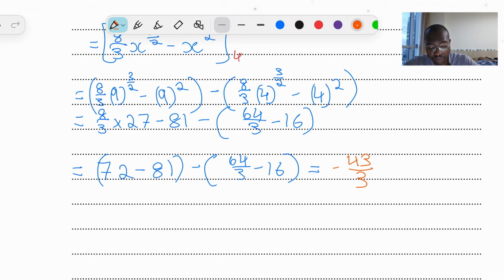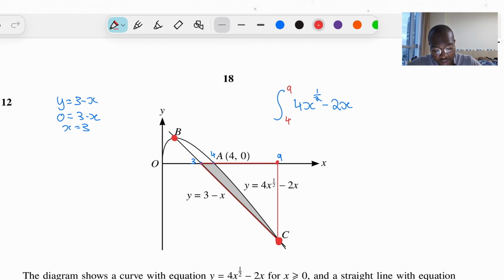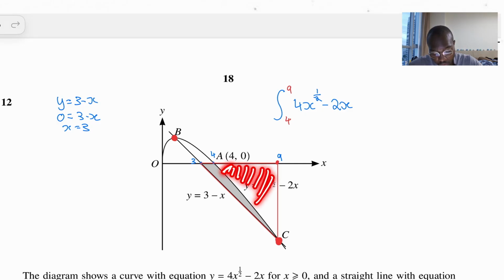But obviously, we're dealing with area, so we can just rewrite that as a positive now, so 43 over 3. So we know that the area under the curve, this bit here, has an area of 43 over 3.